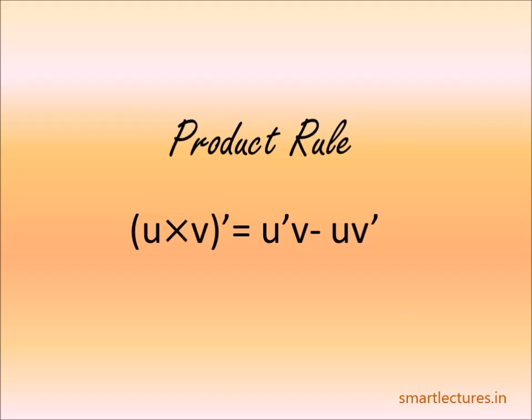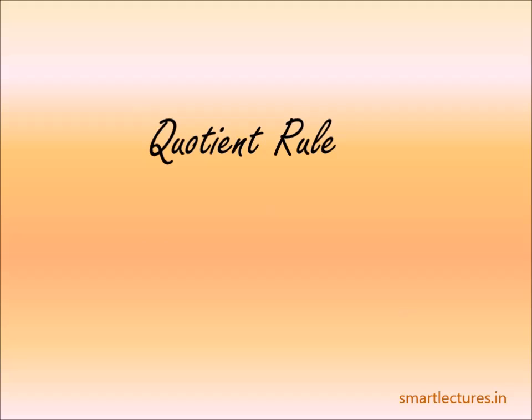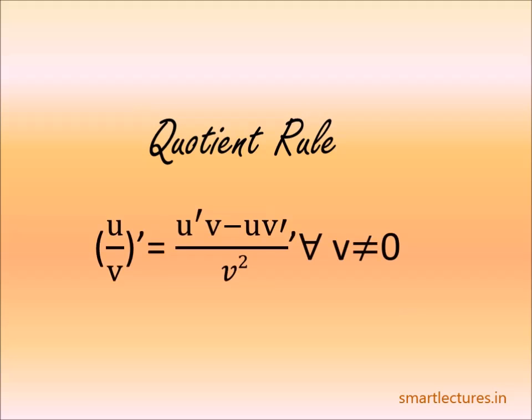There is one more rule which is called the quotient rule. As per this rule, if u and v are two functions, then the derivative of the quotient of u and v, or u upon v, is equal to the derivative of u into the function v minus the function u into the derivative of v, divided by the square of the second function v. But here we must make sure that the function v is not equal to 0.